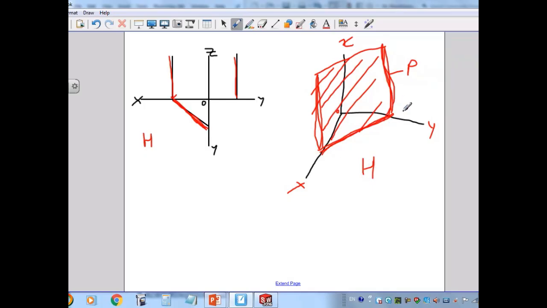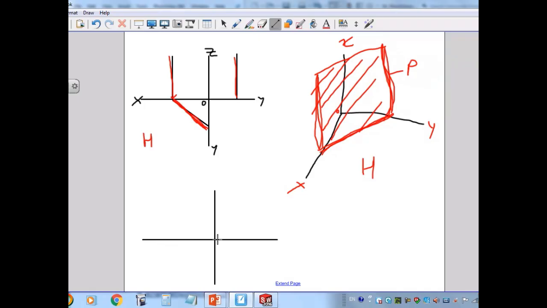So the projections can be seen in the xy plane, or H plane. Horizontal projection plane. In the case of that, it will make a kind of slope in the frontal plane, something like that.